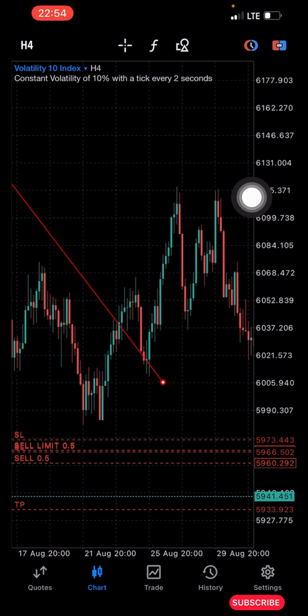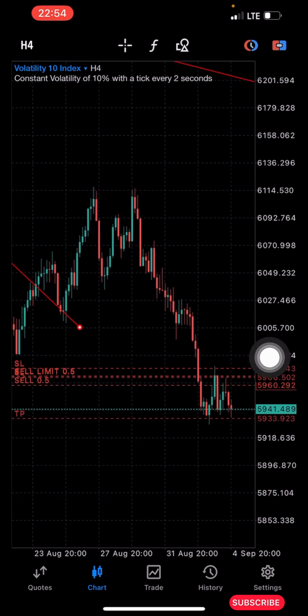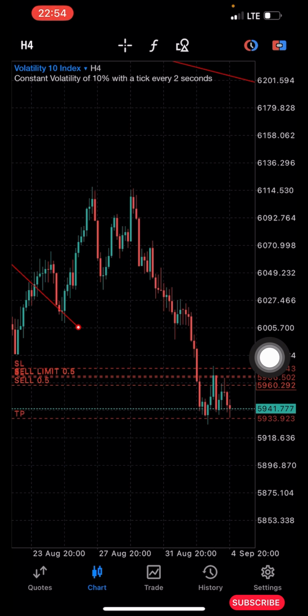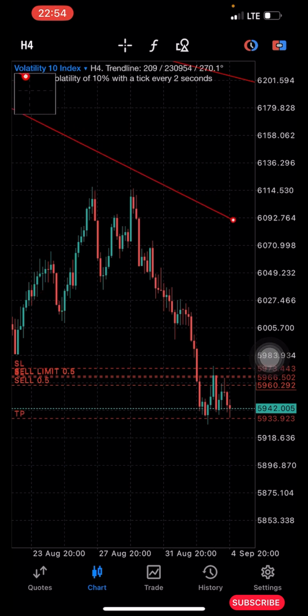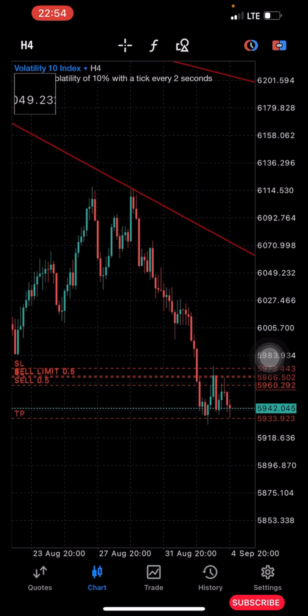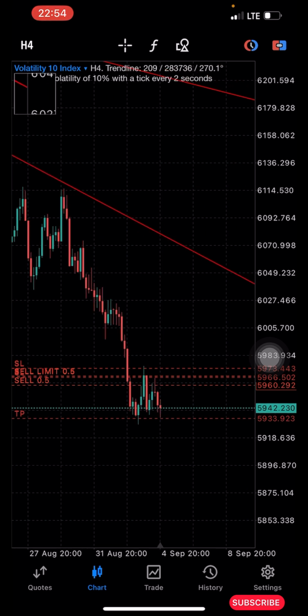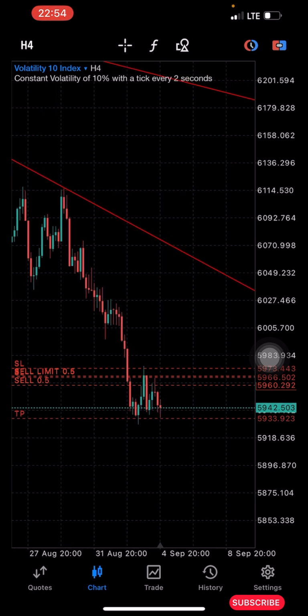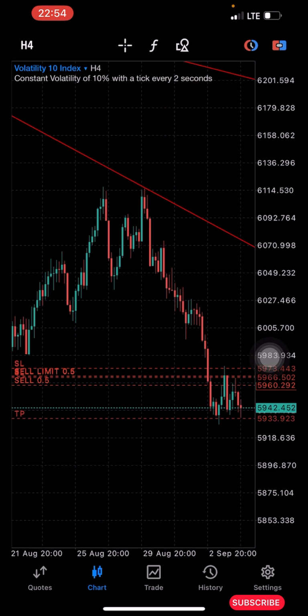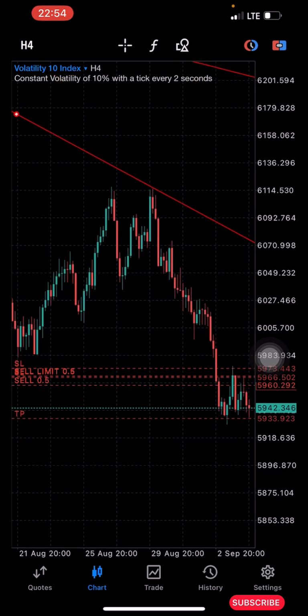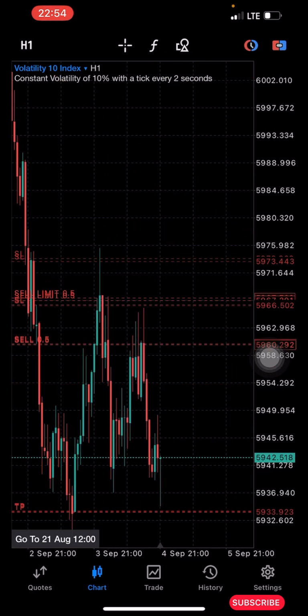There is a resistance here also, it bounced back down. Seeing this, we are going to move our trend line to this area in order to spot out this resistance here. So I'm going to head down to the 1 hour time frame again.